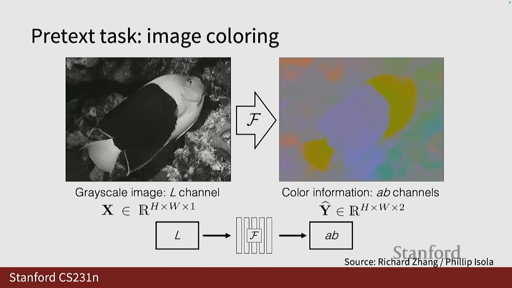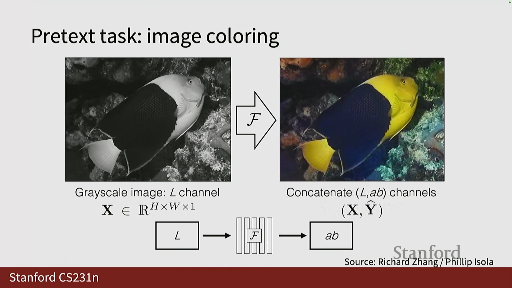But if we want to separate lightness from color, there are other color spaces. For example, the LAB color space is one of those that separates lightness from color. So we have one channel for lightness and two channels for defining the actual color. And if we add all three channels, L, A, and B, together, we can actually get the colored image. So the pretext task here is simple.